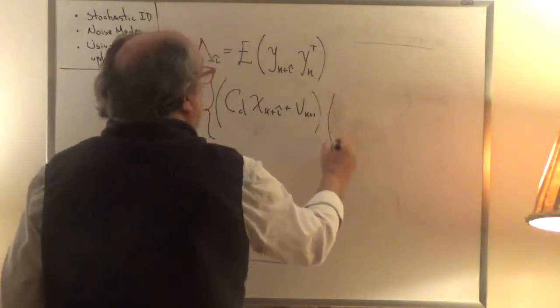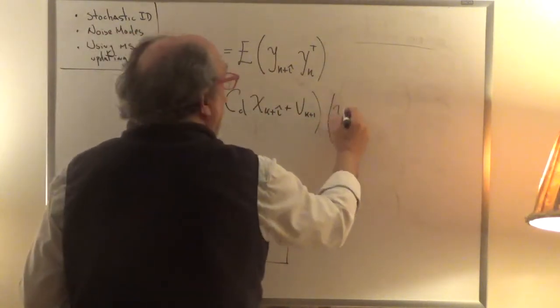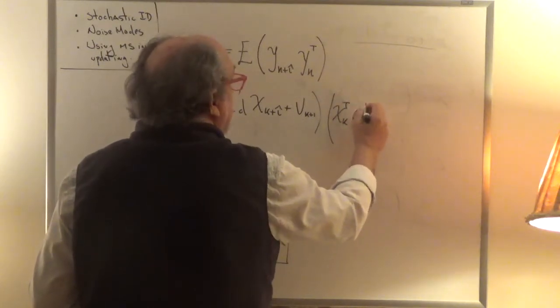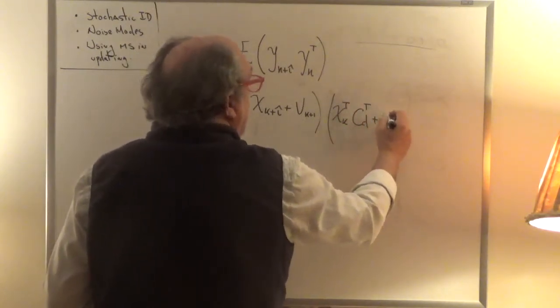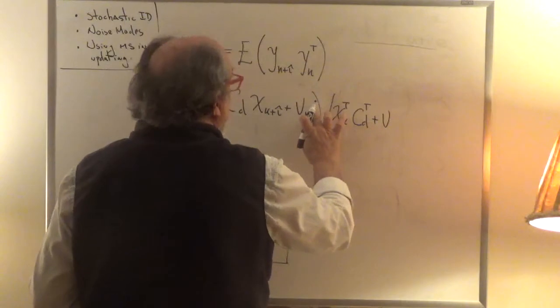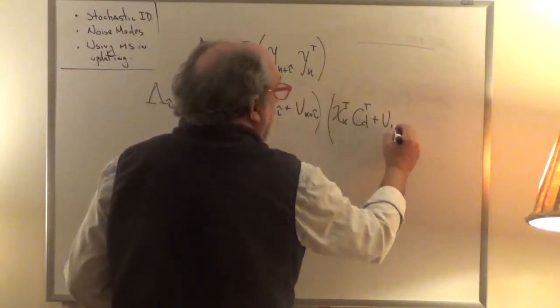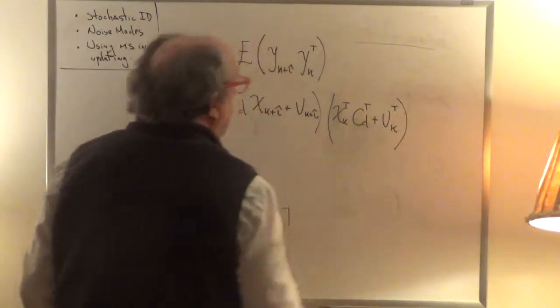Yk transpose is, from our formula, xk transpose, CD transpose, plus Vk transpose, right? Why did I say 1 here? I meant I. So it looks like that.